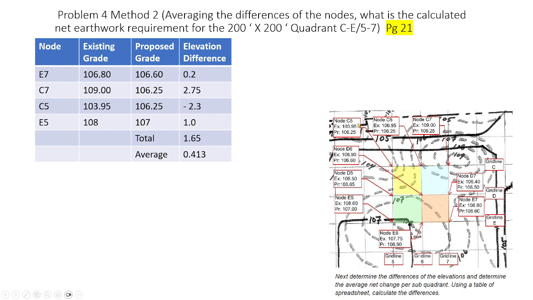I looked at what they had, and I kept theirs because, taking this node C5 right here, if they say it's 103.95 and there's 104, I can call it 103.95 as opposed to 104, because 103 is back up in here, and that's what they're interpolating off of.